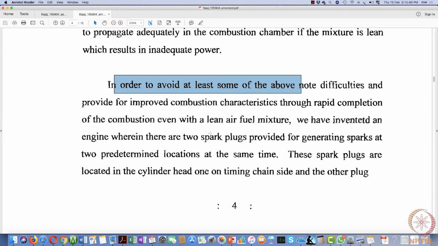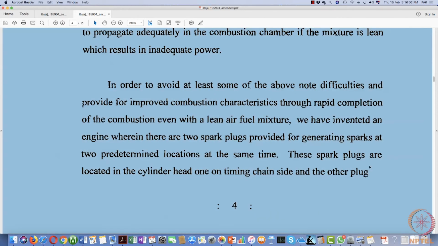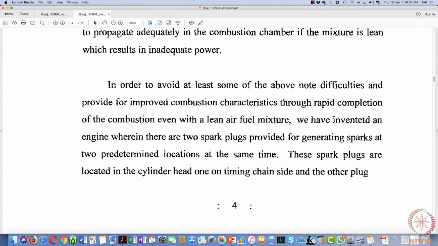There would be a problem which is addressed by the invention, and the invention, while it is drafted, is pitched as a solution to the problem. So this is the statement that they make. We have invented an engine wherein there are two spark plugs providing for generating sparks at two predetermined locations at the same time.